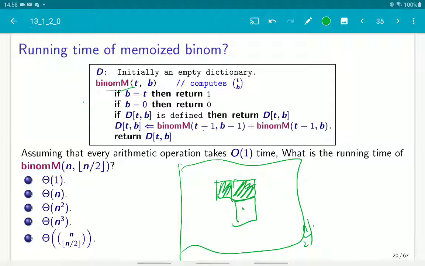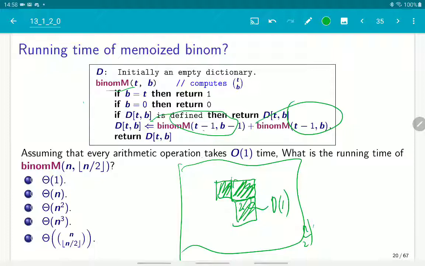We are ignoring the time that the recursive calls cost us. This is how you analyze it. If you ignore the cost of those two recursive calls, you get a number back from each, and then you have to add them up. So filling this entry costs us constant time.